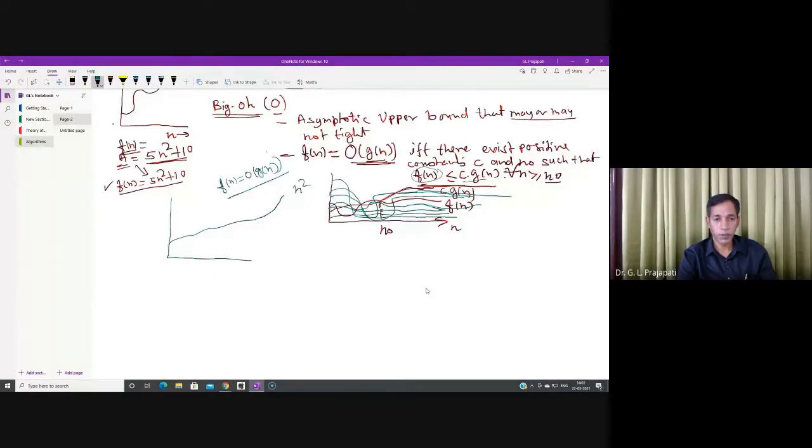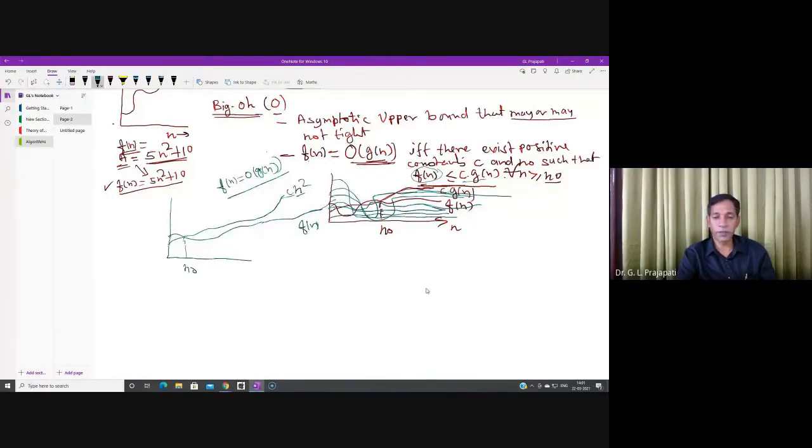Okay, some function f of n. You have some f of n, maybe like this. So we say that after some value n0, you have f of n, and you have some c into n square.